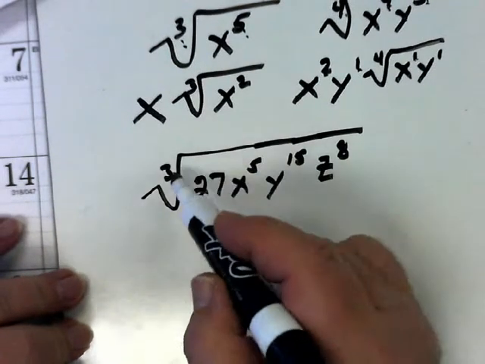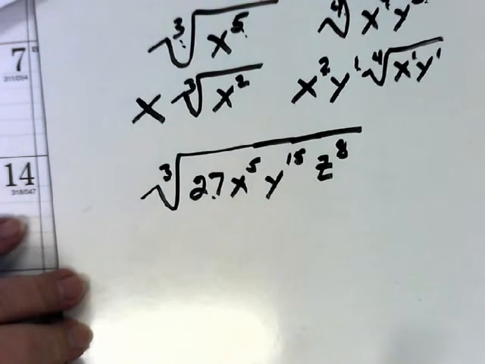So first of all, I need to find the cube root of 27. Are there any perfect cubes in 27? 3. Okay, 3 times 3 times 3 would give you 27, wouldn't it?